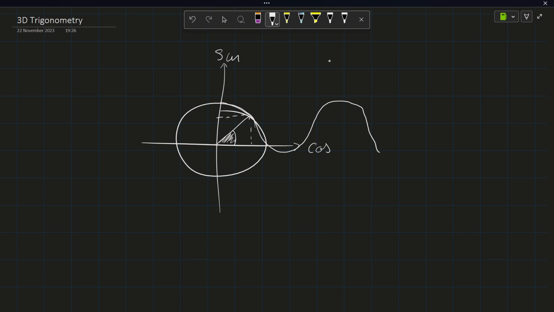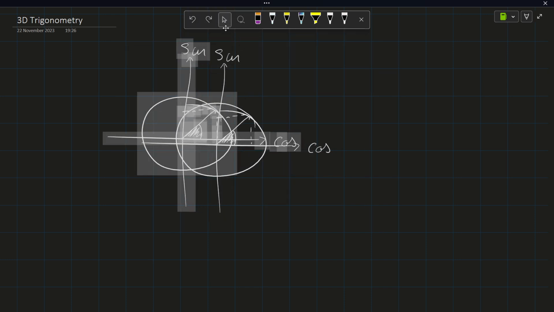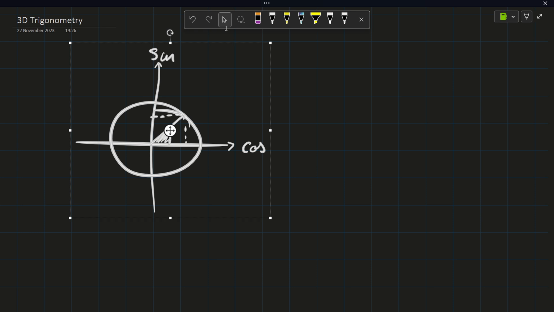Terrible, but you get the point. You get something like this when you actually draw it out, but you probably know that, at least I hope.